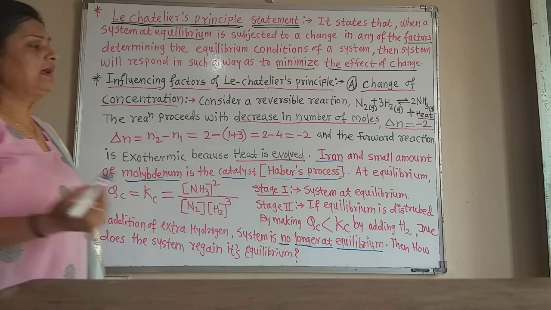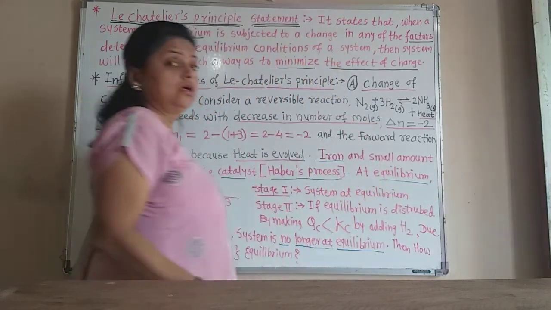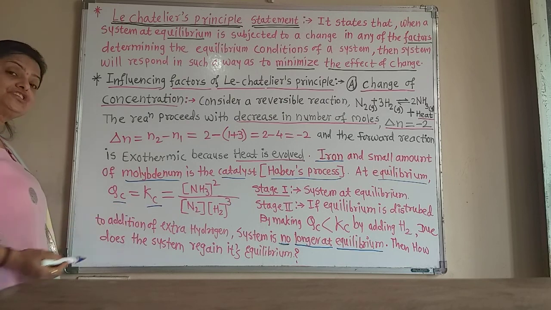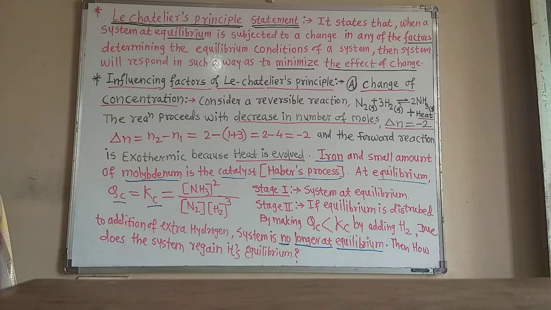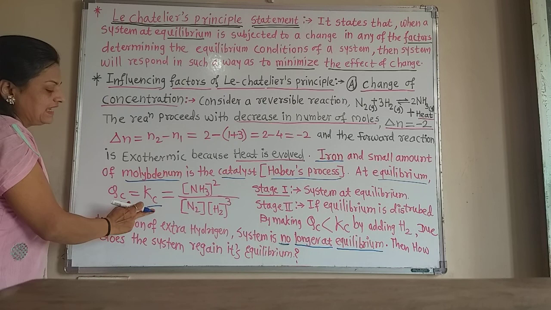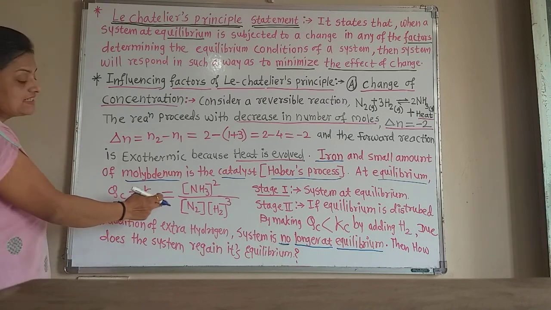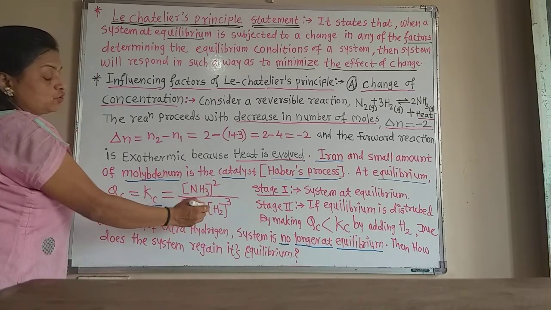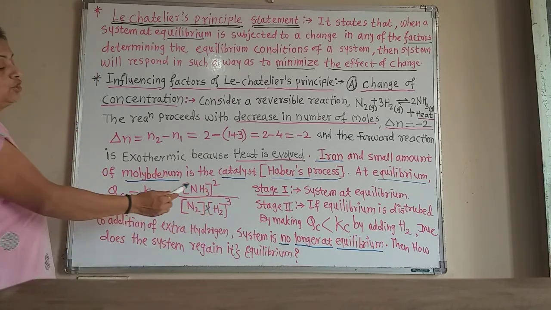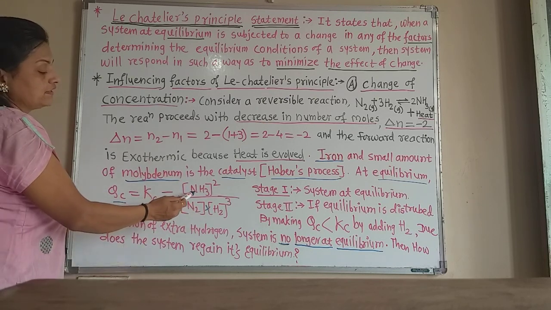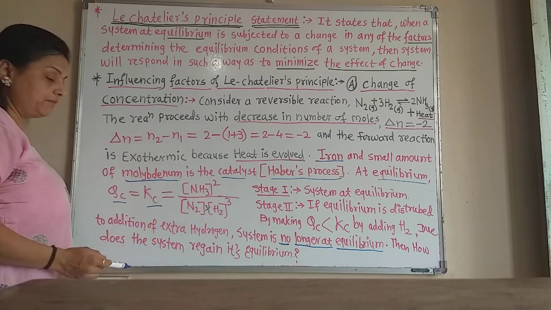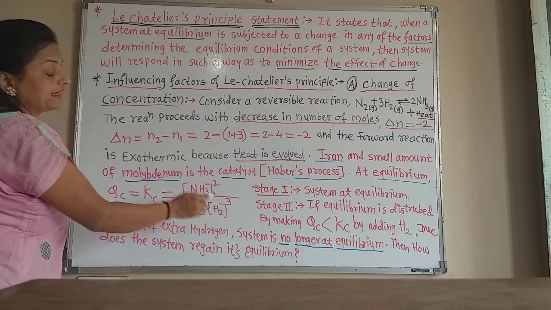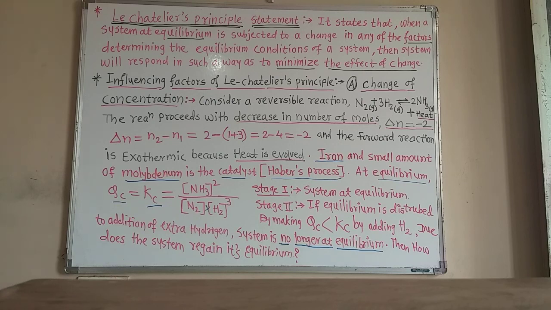At equilibrium, the reaction quotient Qc and equilibrium constant Kc are equal, and it is given as concentration of product divided by the multiplication of concentration of the reactants. Here there are 2 moles of ammonia, so concentration of ammonia squared, divided by concentration of nitrogen into concentration of hydrogen cubed, because 3 moles of hydrogen are there.